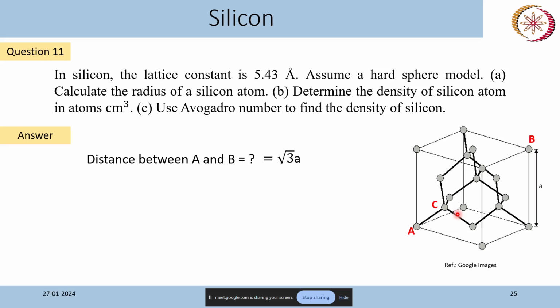This one is already answered: the distance between A and B. What is the distance between A and C? That is root 3a by 4.